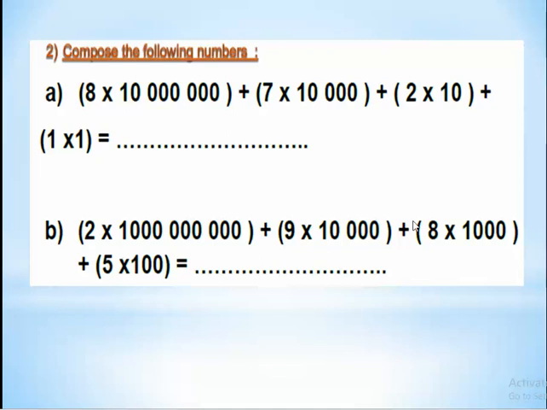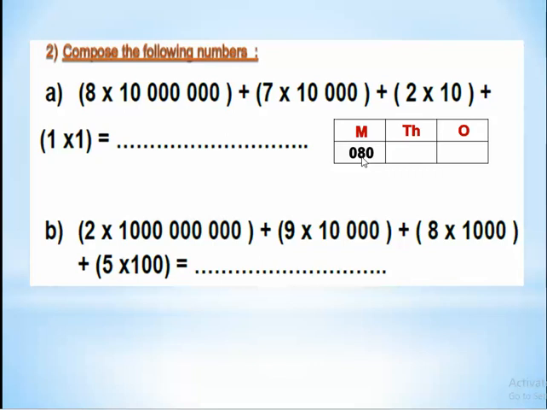Compose the following number. Okay, let's write the family table. Here we have 10 million, so it means we have million, thousand, and ones. We have 8 in 10 million. We don't have 100 million, we don't have million, so we are going to write 80.